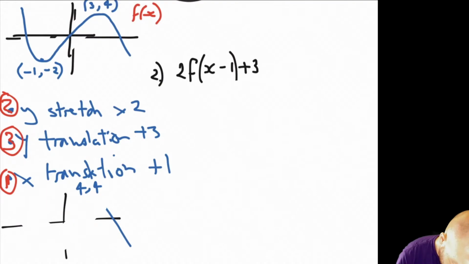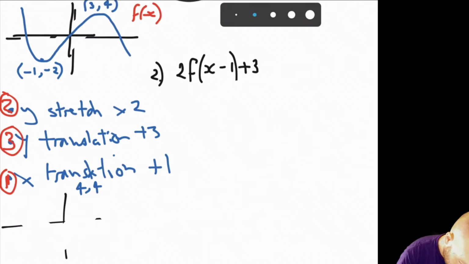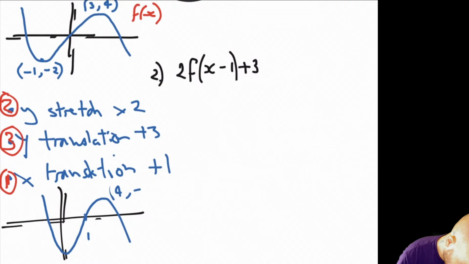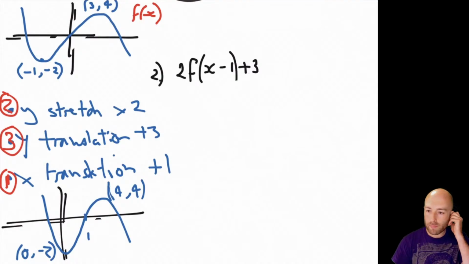Let's redraw that. So this point's actually now going to be where it crosses. That point's going to be 1, 3, 4, sorry, 4, 4 even. Four, 4, and that's going to be 0, -2, like that.